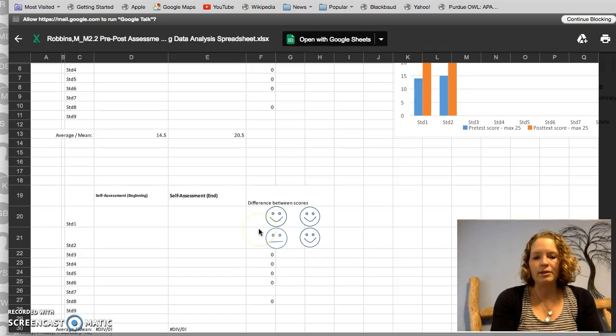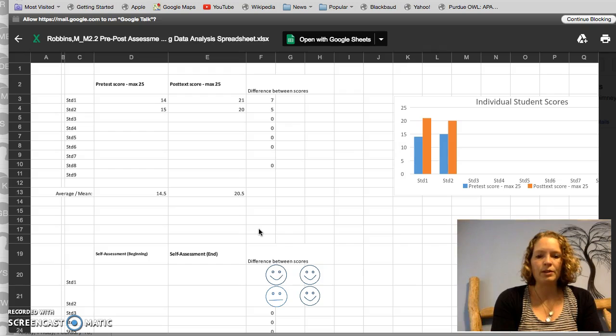The middle is somewhat like I know a little bit about wildlife trading, but I still have more to learn. And a sad face is like, I don't understand it at all. So it's just a quick way for them to assess themselves in the beginning and in the end. And I'm hoping to see them go, obviously, to a whole bunch of happy smiley faces by Friday. So that is my goal for pre and post assessing.